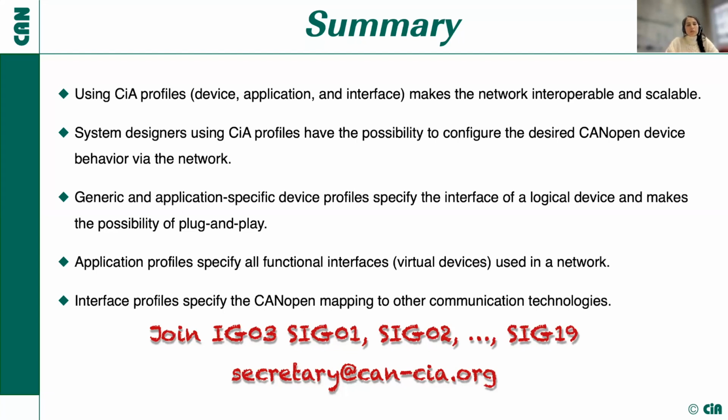System designers using CiA profiles have the possibility to pre-configure the desired CANopen device behavior via the network, and generic and application specific device profiles specify the interface of a logical device and make plug and play possible.